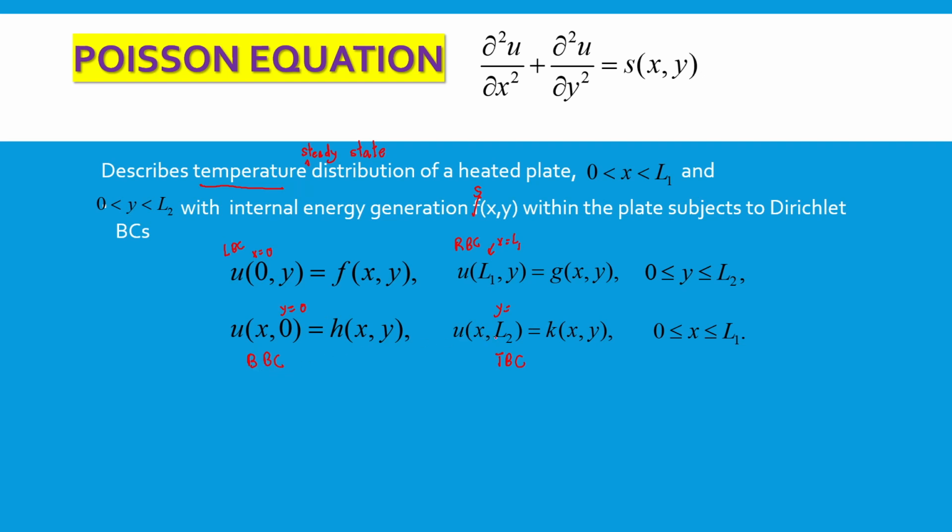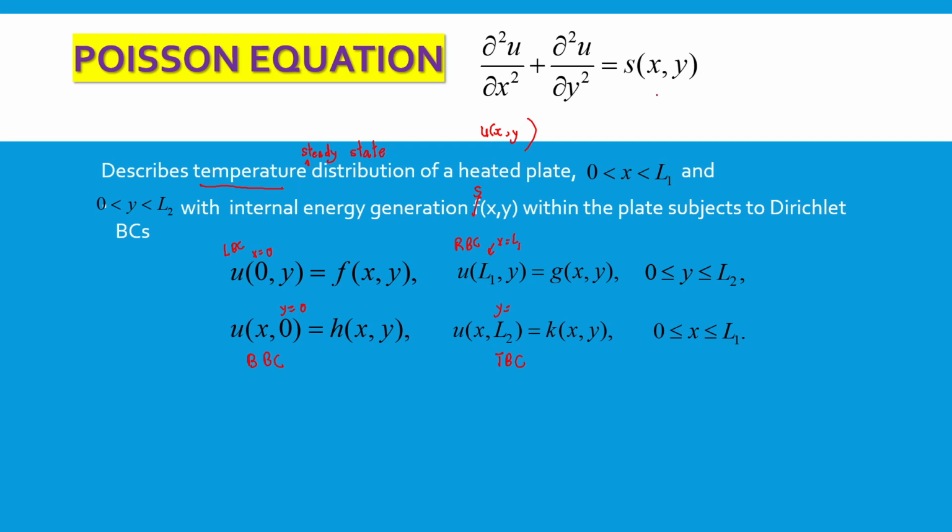And then u(x,L2) equal to k(x,y), because u is a function of x and y. So this is y equal to L2, the horizontal line at y equal to L2. So this is a top boundary condition, where x is from 0 to L1.